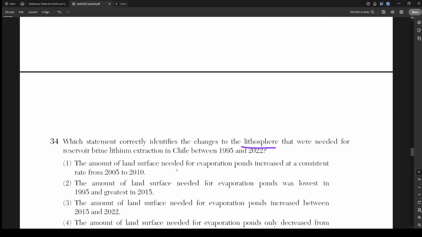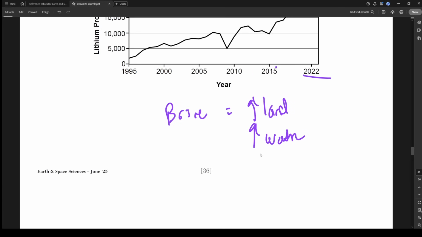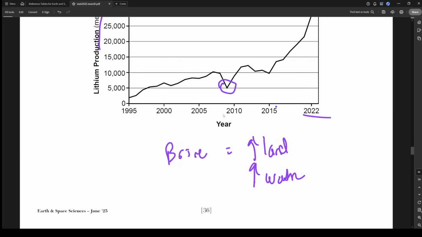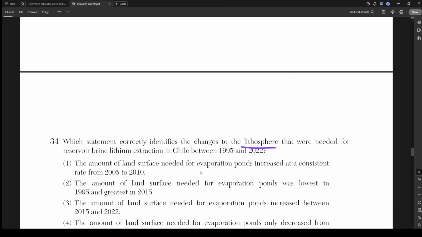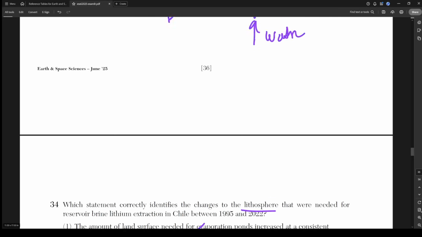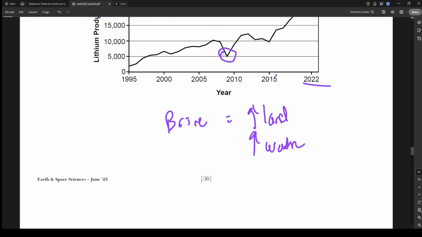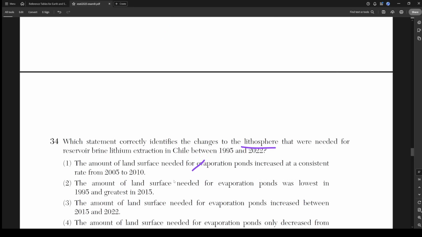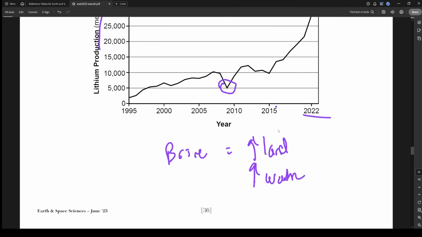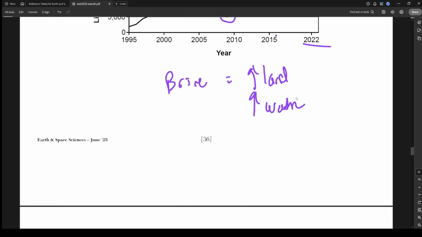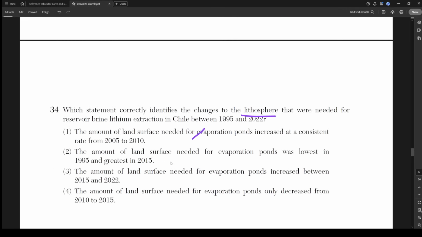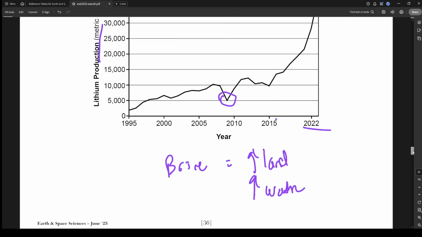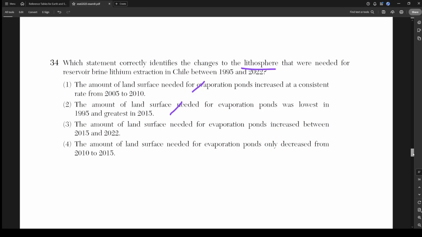The amount of land surface needed for evaporation increased consistently. So no, because right there it didn't. So that's not right. Oh, from 2005 to 2010. Yeah, no, that wouldn't be right. The amount of land surface needed was lowest in 1995 and greatest in 2015. No, it's greatest in 2022 and on. So that's not right. The amount of land surface needed for the ponds increased between 2015 and 2022? Yes.